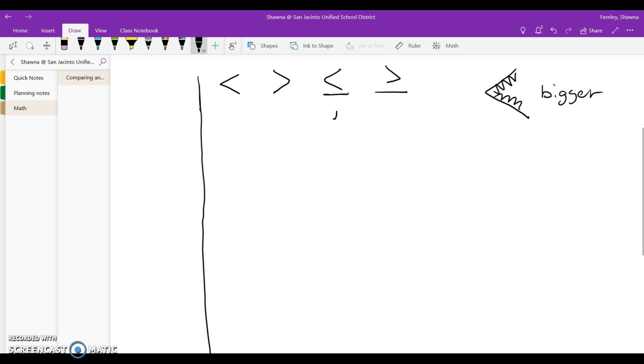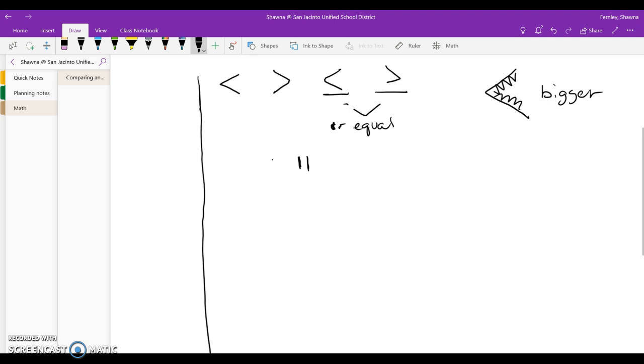These right here say that they're greater than or equal to, or less than or equal to. So you might have something where it's actually equal or above it. Let's say all of the sixth grade students are at least 11 years old. If I have at least 11 years old, it's going to be bigger than 11, because at least tells me that they have to be at least 11.